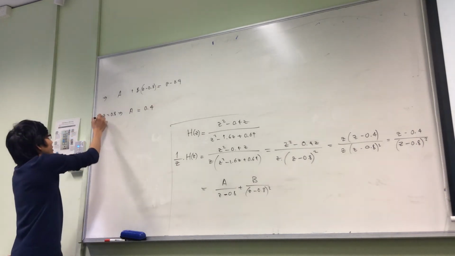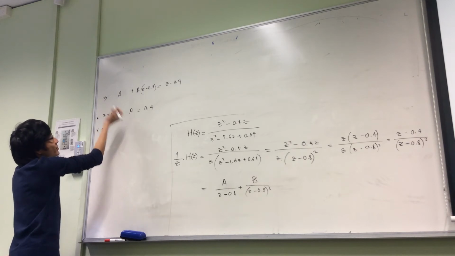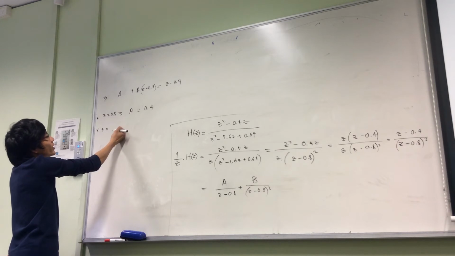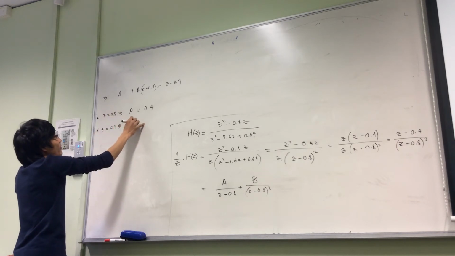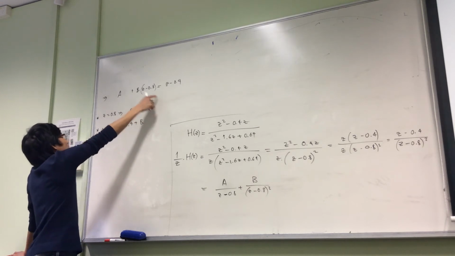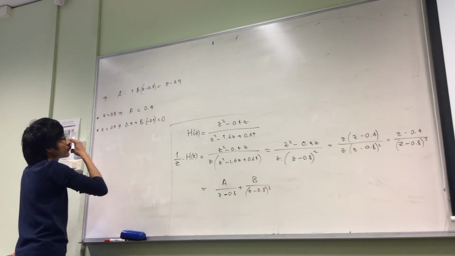And then I can take another one, like Z equal to any other number. 0.4, let's say. So it gives you 0.4 plus B times (0.4 minus 0.8) minus 0.4 equals 0.